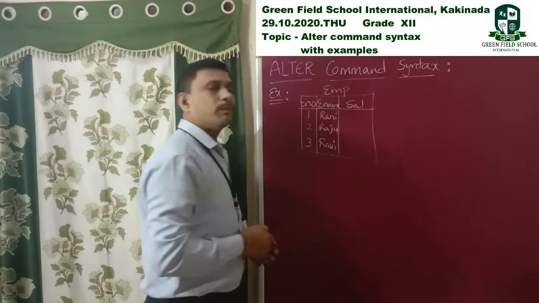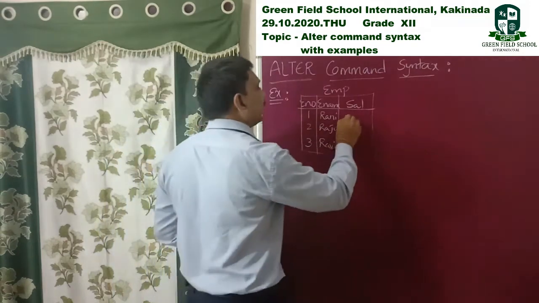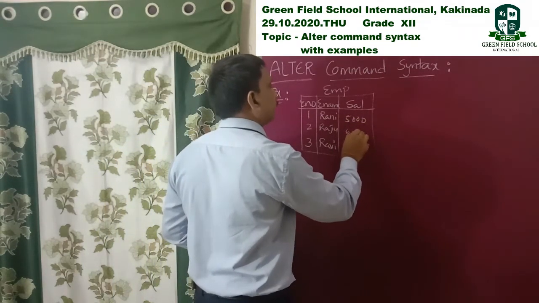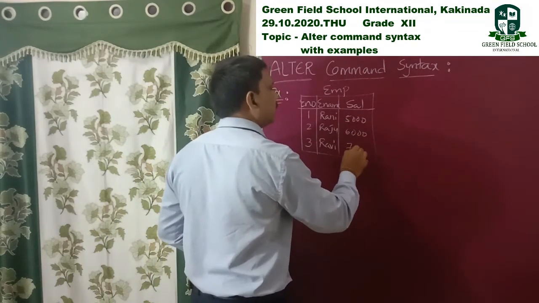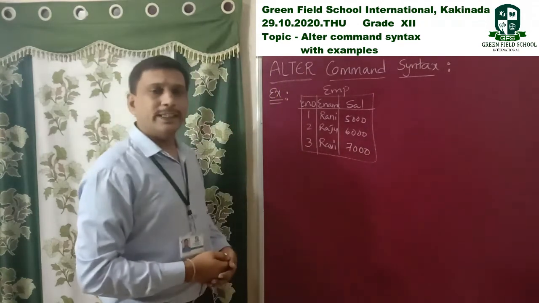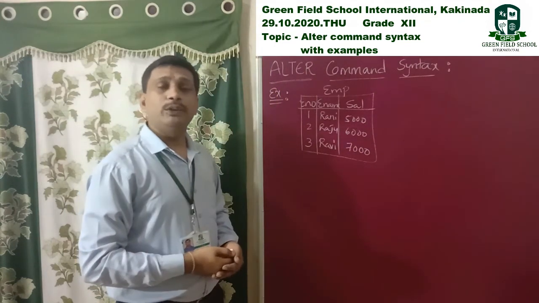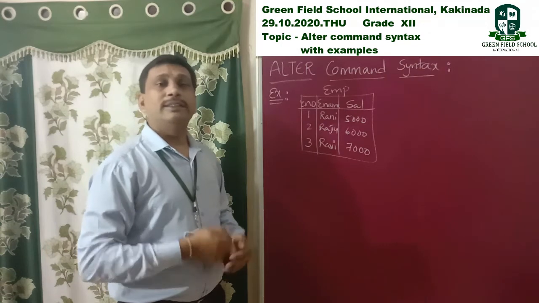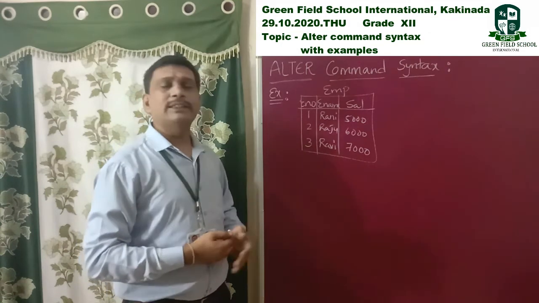Salaries are 5,000, 6,000, 7,000. I already created this table by using the create command. Then I modify this database structure.